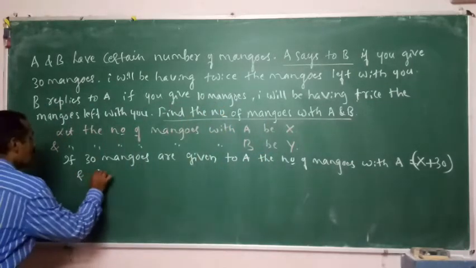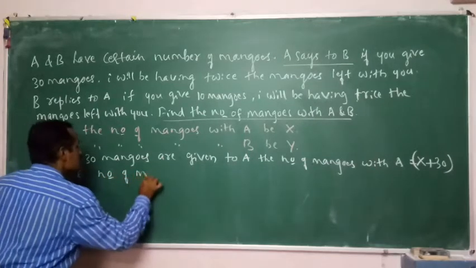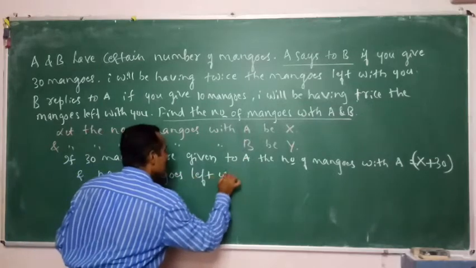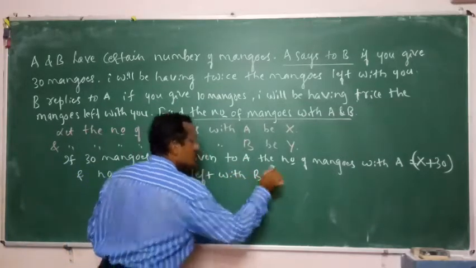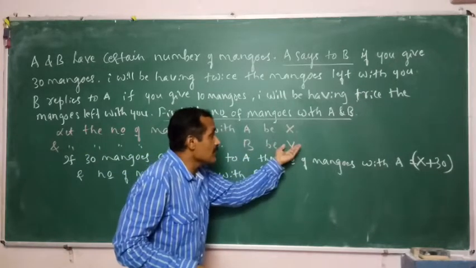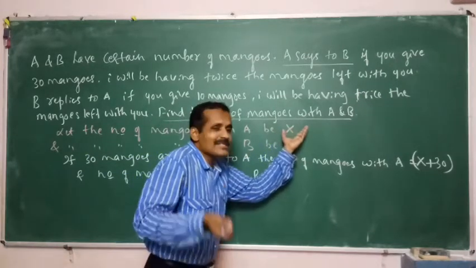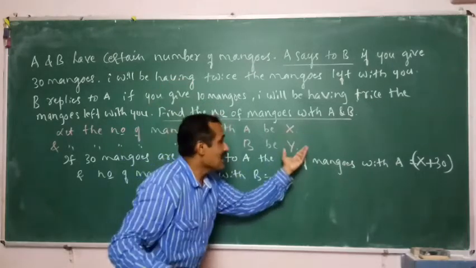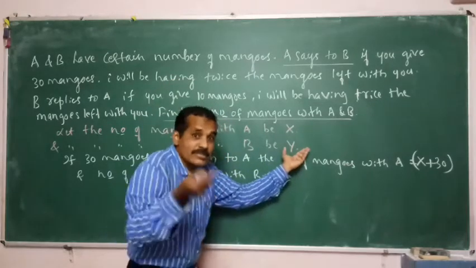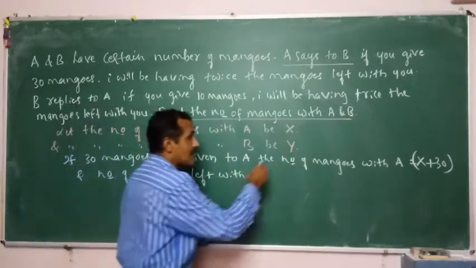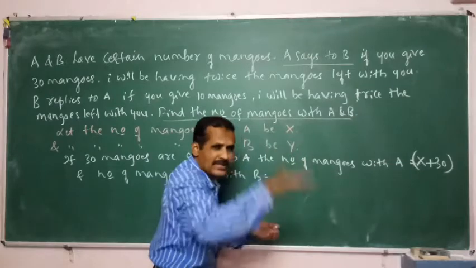And the number of mangoes left with B: already B has given 30 mangoes to A. So x increases to x plus 30. At the same time, here 30 will be less because 30 are given away. Whatever mangoes are left with B, already he was having y, 30 reduced.